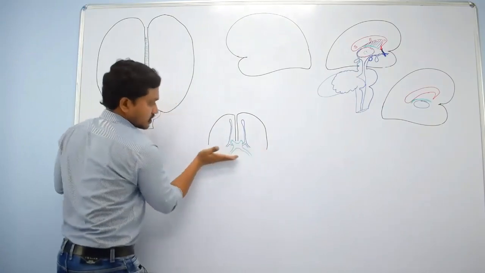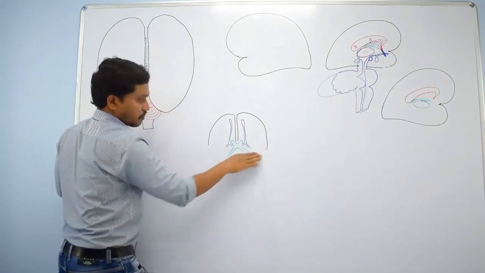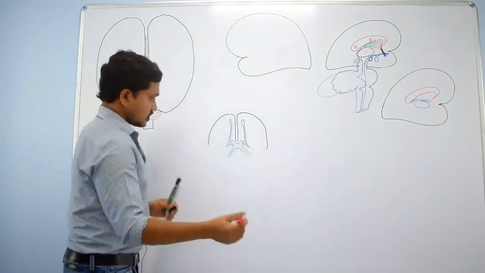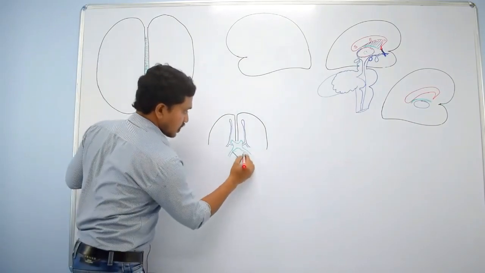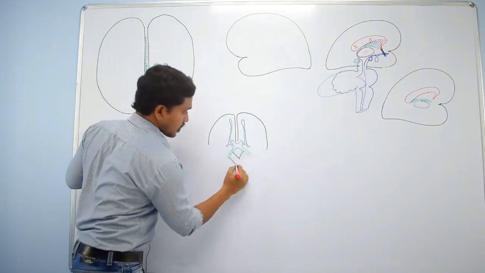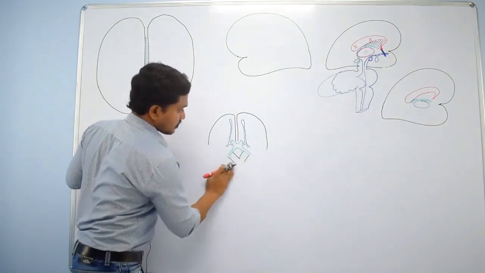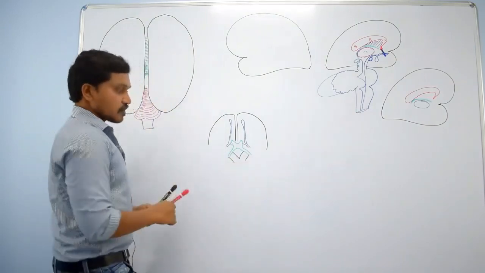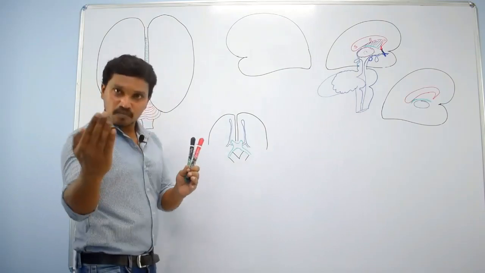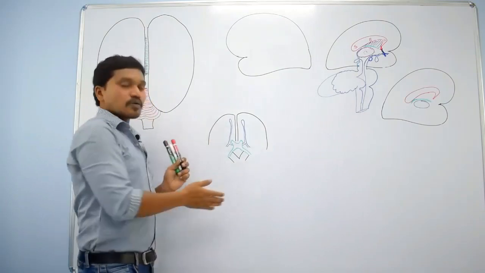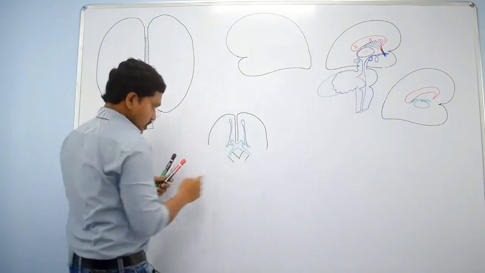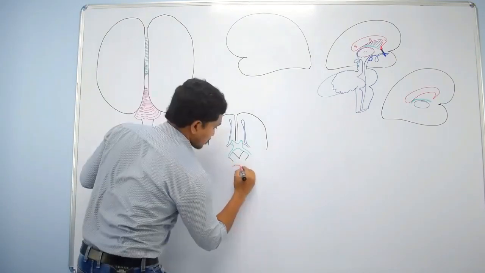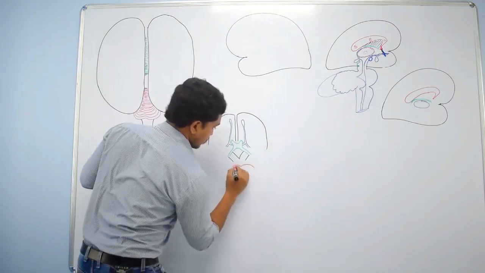Then behind the optic chiasma, what you can observe here is the midbrain. Since you are seeing from below, that means you are seeing the base of the brain. So here midbrain, then pons next to the midbrain.